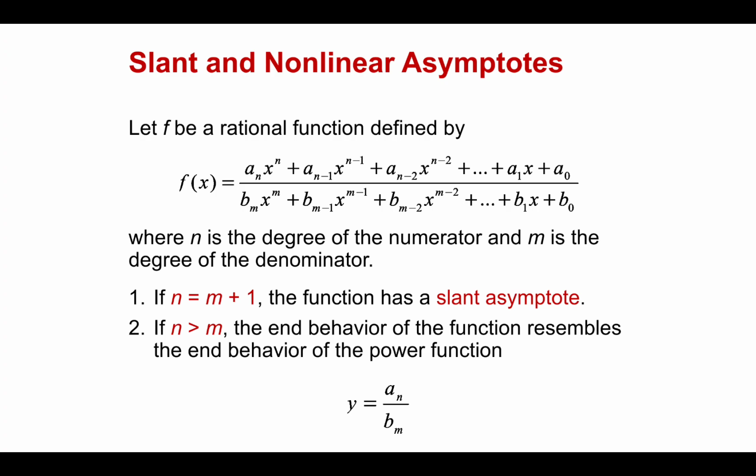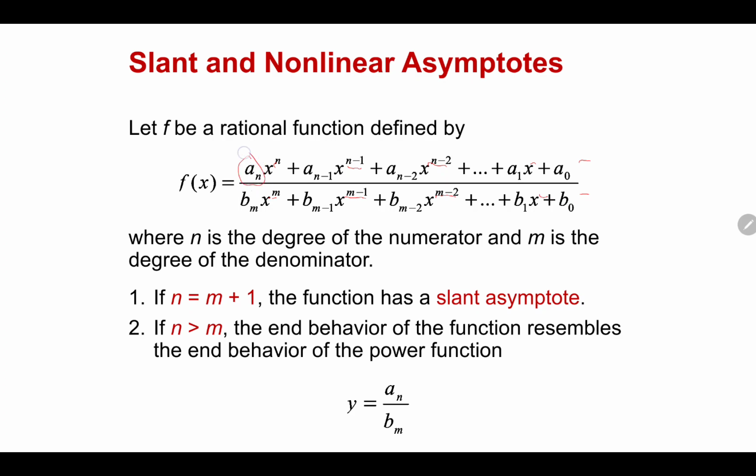in general form. So where you have descending powers here, descending on the top, all the way to the 1, and even a 0 over here. And then we have descending over here. But just like when we talked about the horizontal asymptotes, we have some constant over some other constant.